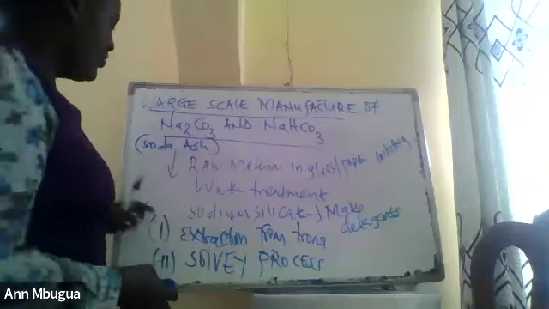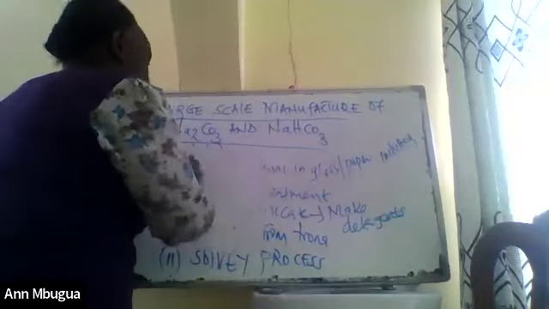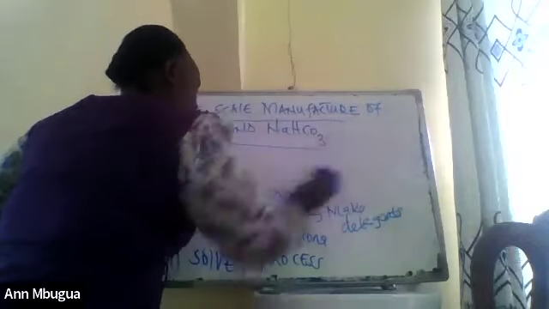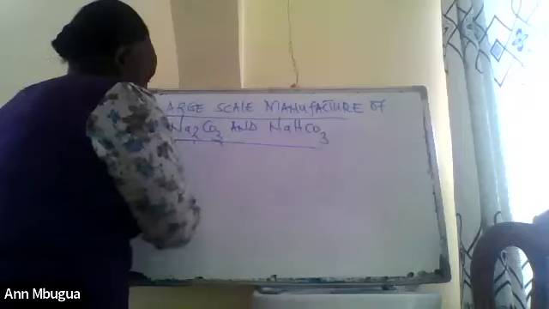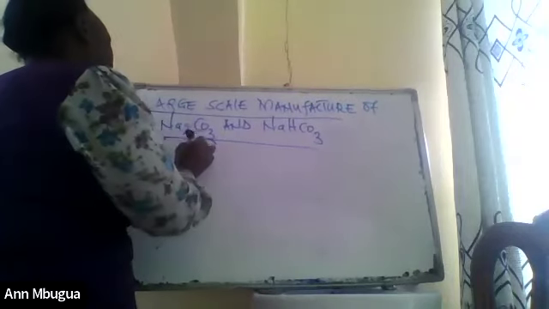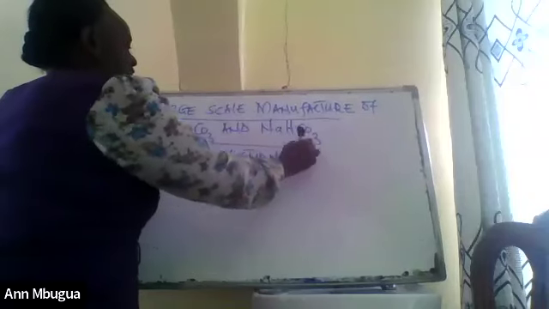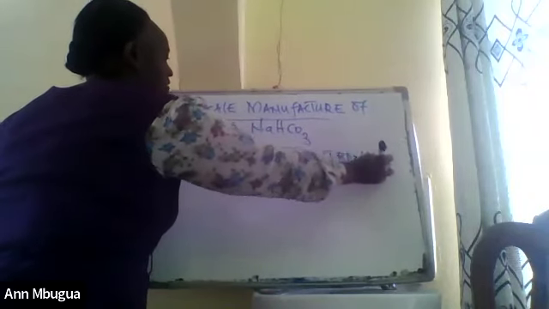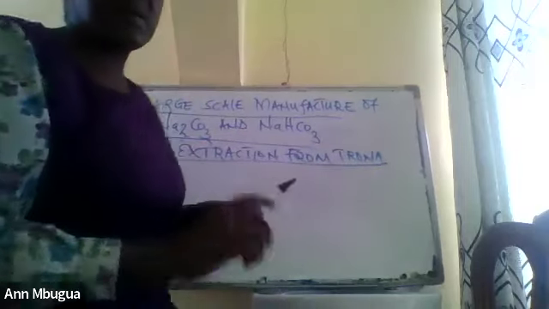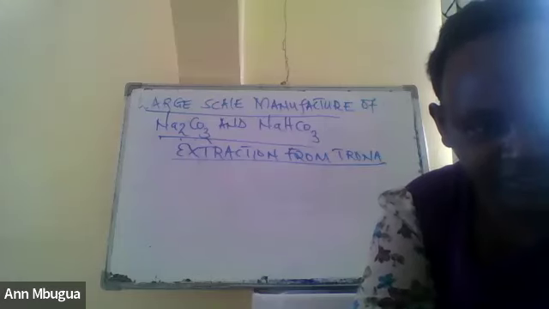So I'll start with the first method of manufacturing sodium carbonate in large quantities, and that is extraction from trona. How can we get it through this method?